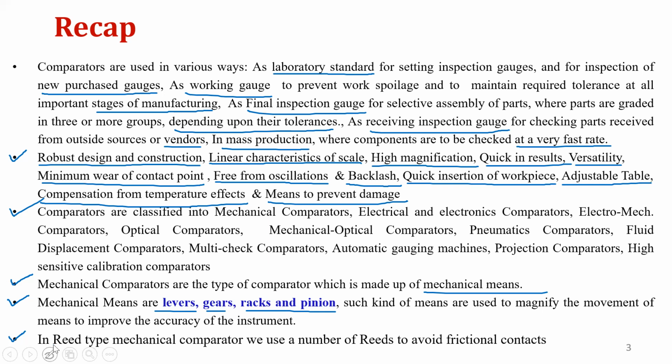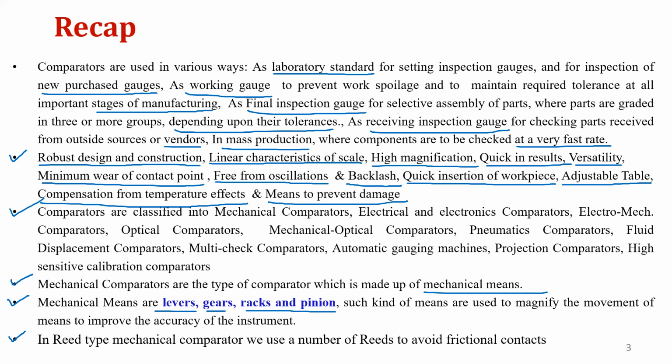In the dial indicators, we have the gear and pinion type dial indicators, and then lever type dial indicators. In this lever type, we have the simple lever type dial indicators and compound lever mechanism dial indicators.